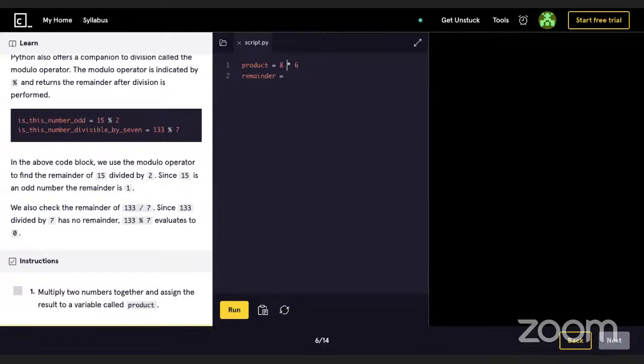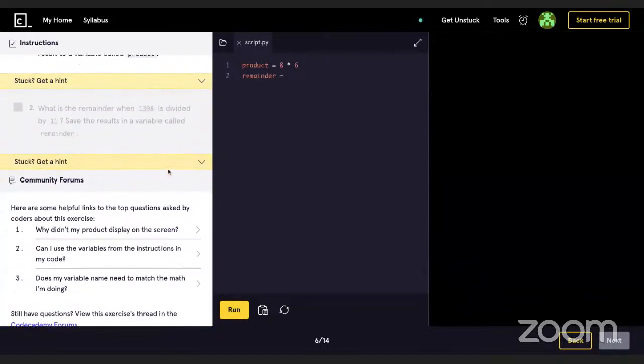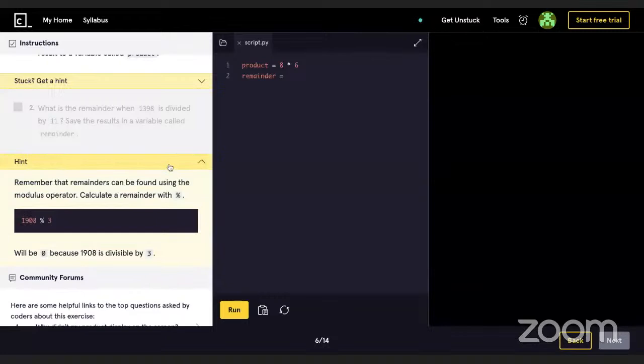Scroll down to where the second instruction is. You have to put the numbers 1,398 divided by, which is the percentage, 11.